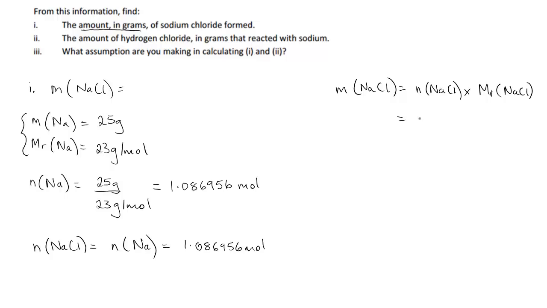Sodium is 23 and chlorine is 35.45, so you just add those two: 23 plus 35.45. The total molar mass of sodium chloride is 58.45.